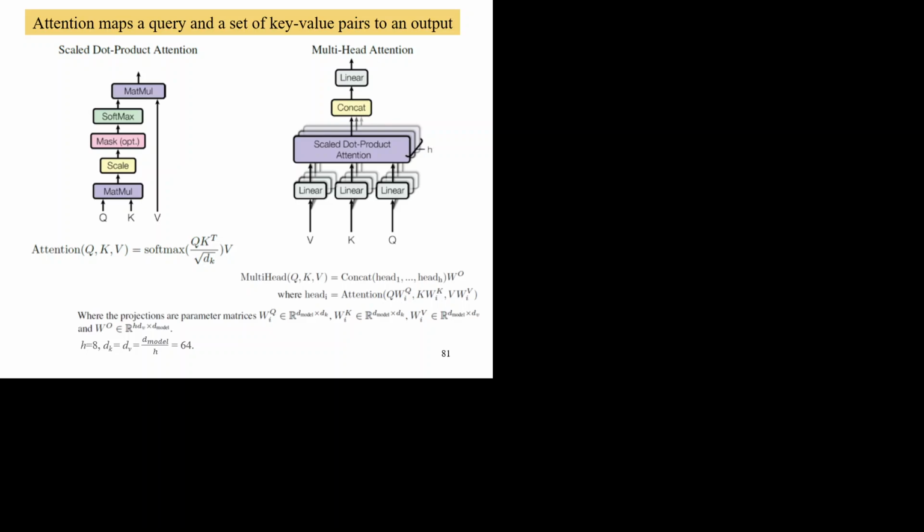The equation is like this: Q times K is actually the inner product between them, and because the scale is usually very large, we will divide it. We like to do a normalization to scale it down, and the normalization is dividing by the square root of d_k. d_k is the dimension of the key vectors.